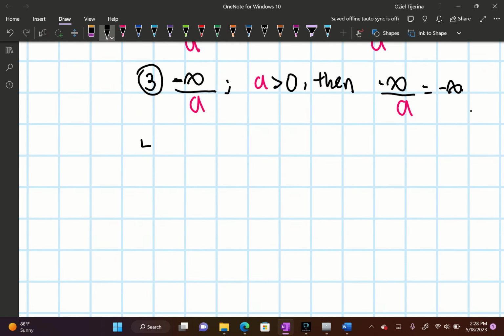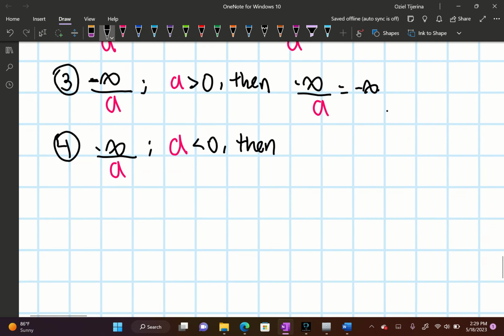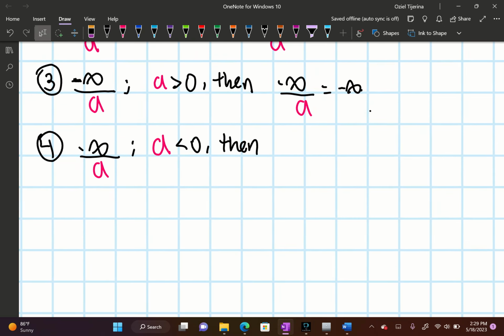Now the last part: if we're given negative infinity over some number a, such that a is less than 0, then negative infinity over a is going to equal infinity.